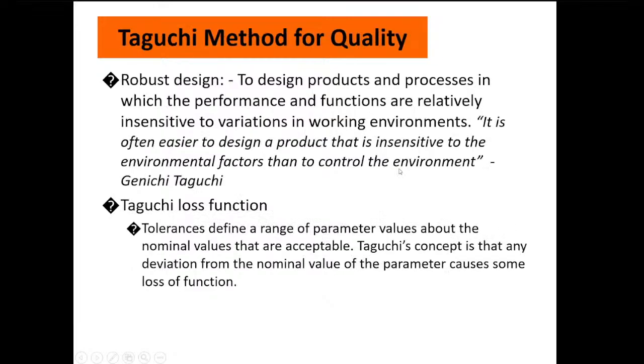Or if we look into Taguchi methods, it is said that robust design is to design a product or process for which the performance and function are relatively insensitive to variations in the working environment. So it gave us the Taguchi loss function. So this gave us more or less what we can call robust design.